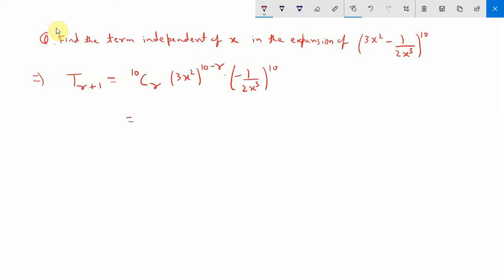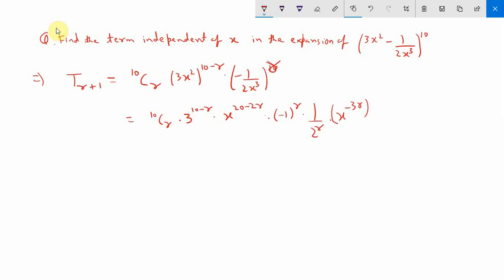This we can write as 10Cr into 3 to the power 10 minus r, x to the power 20 minus 2r. See, minus 1, it is power r, right? So minus 1 to the power r and 1 by 2 to the power r, x to the power minus 3r.